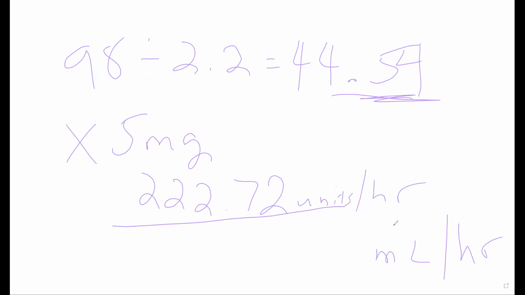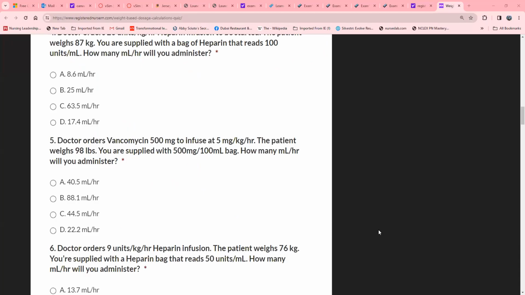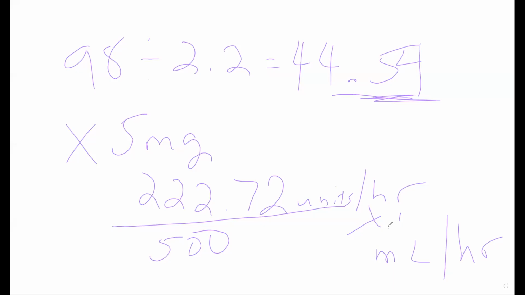And what you had on hand was 500 per 100, right? Let me go back to the question so I can make sure. That's correct. Okay, 500 per 100. So then you had to just do the math. Again, this is going to cancel out. And you're going to end up with mLs per hour.